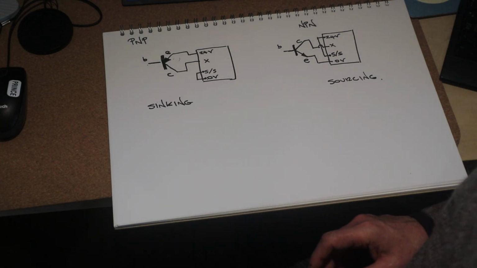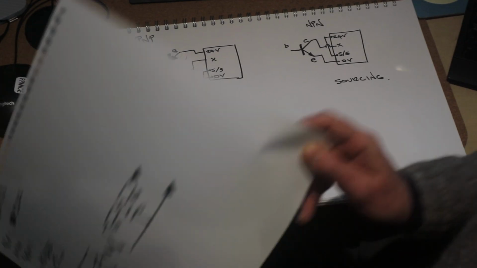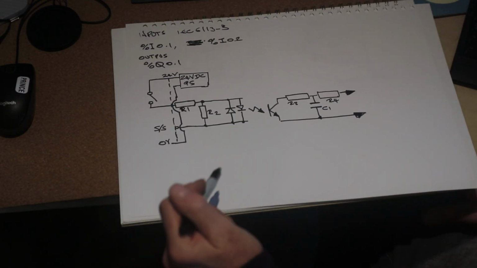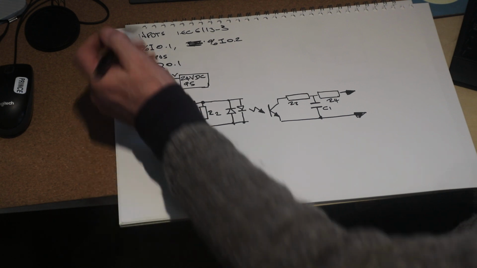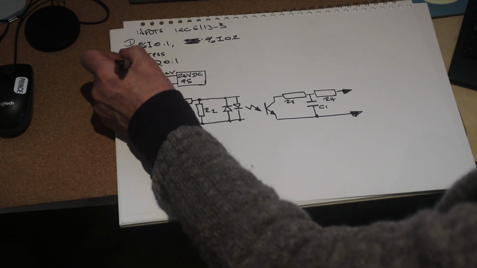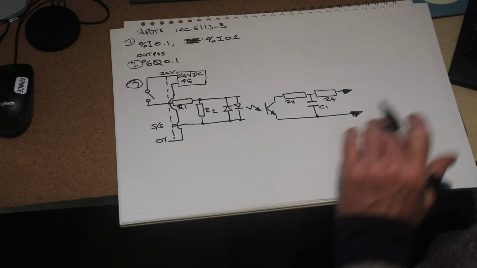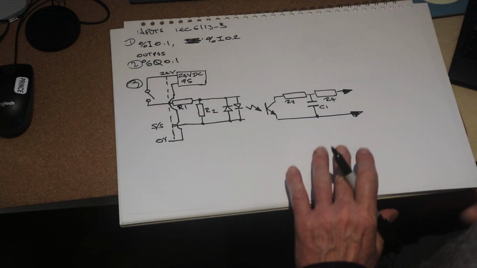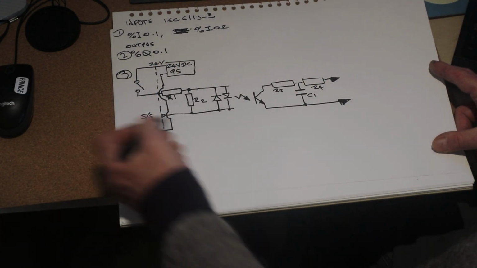So that's what you need to reproduce. Let me get the right one. That circuit diagram here, well, we talked about inputs and outputs. That's question 1. That's question 2. This is question 3. And I think there's only 4 questions. Yeah, there is. So there's 4 marks for that one.